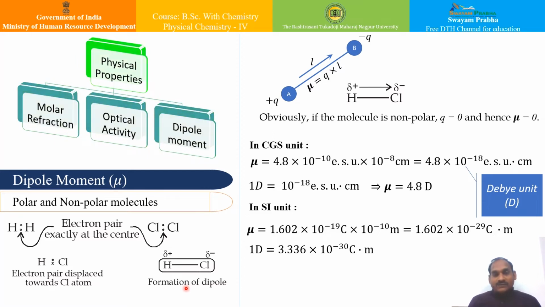You can see the situation shown over here in the HCl molecule, isn't it? Because of this, a dipole moment is developed, and this dipole moment is denoted by the letter mu. So let us now see what dipole moment is.